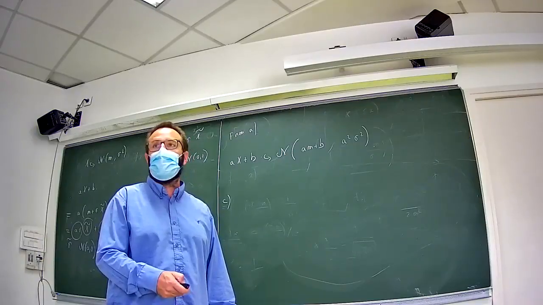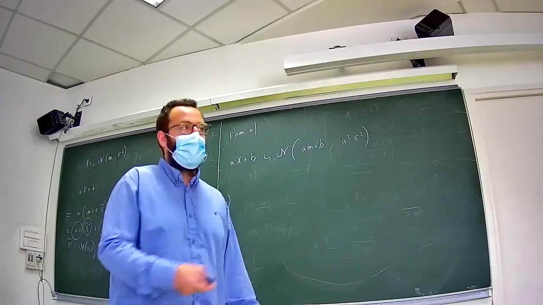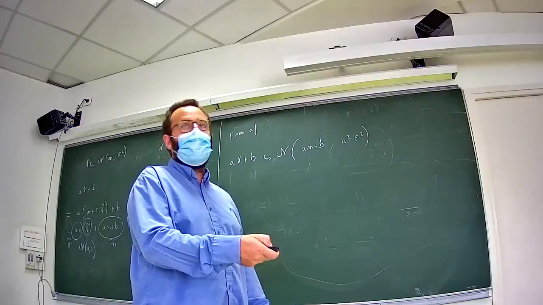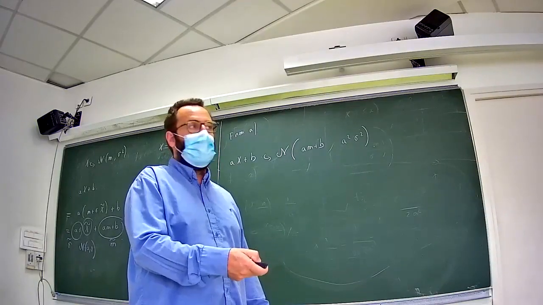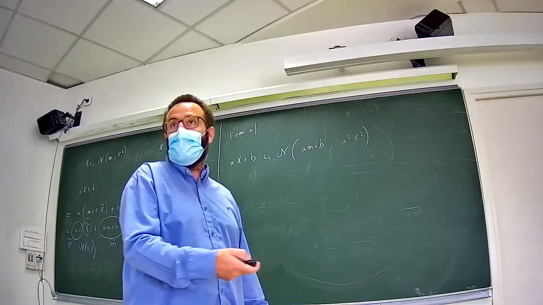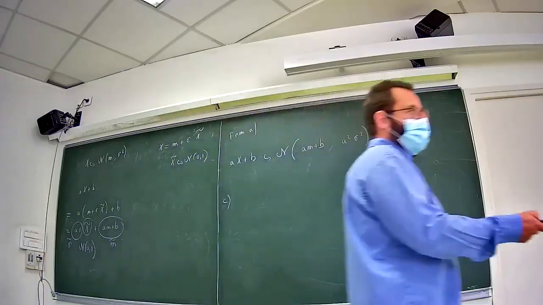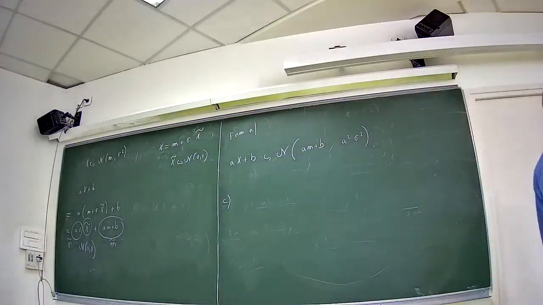So from this one to this one, yes, it's a kind of converse. How to pass from N(0,1) to N(m, sigma squared), and here how to pass from N(m, sigma squared) to N(0,1). In fact, you have to invert the transform. So I agree with you that you have a complementarity between these two statements. And the way we do it is just to use what we have obtained previously here.